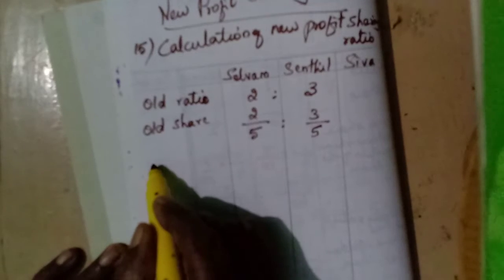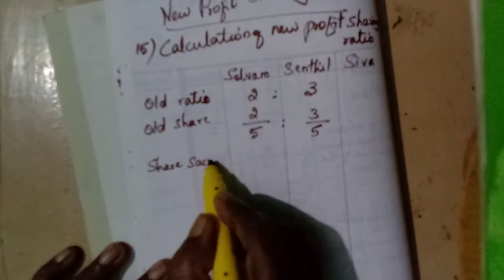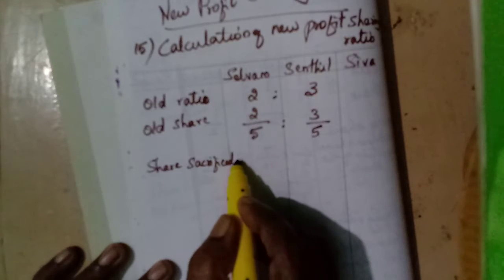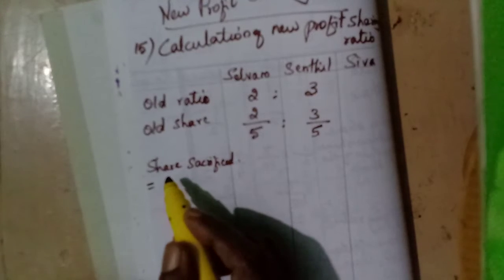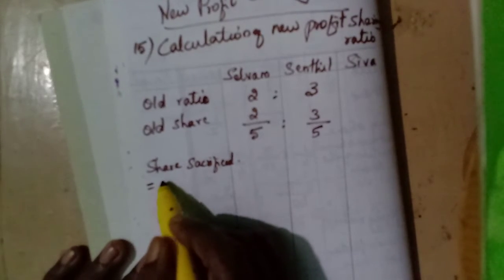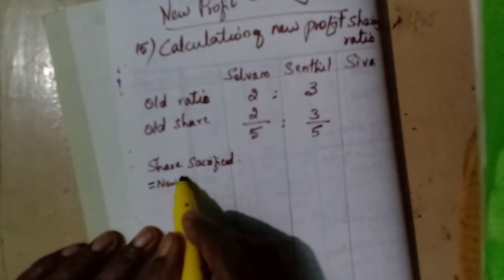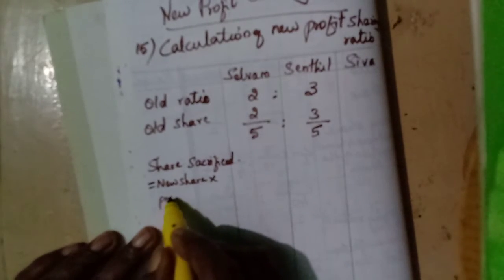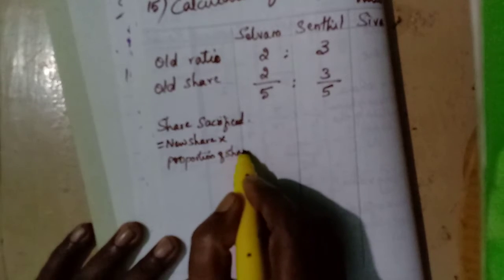Now share sacrificed. Share sacrificed is equal to the new share into the proportion of share sacrificed.